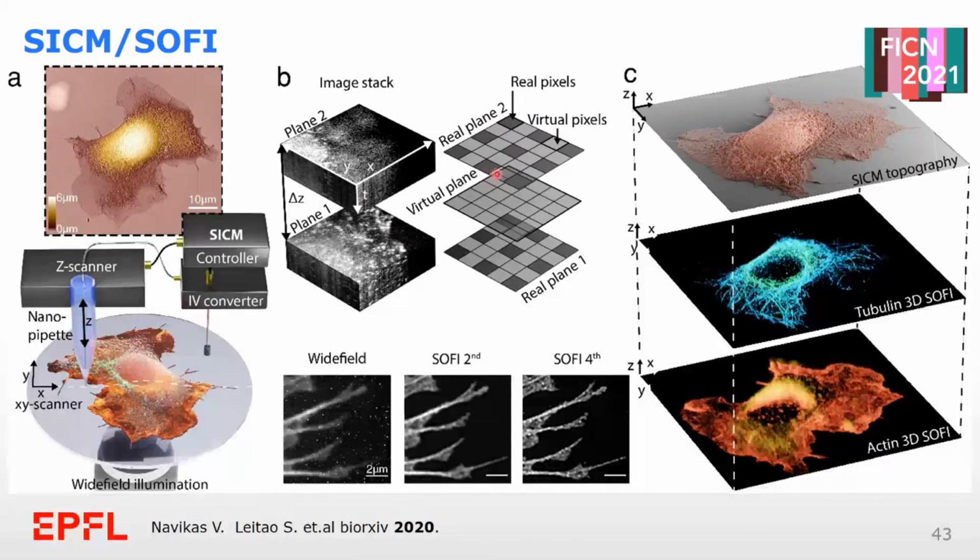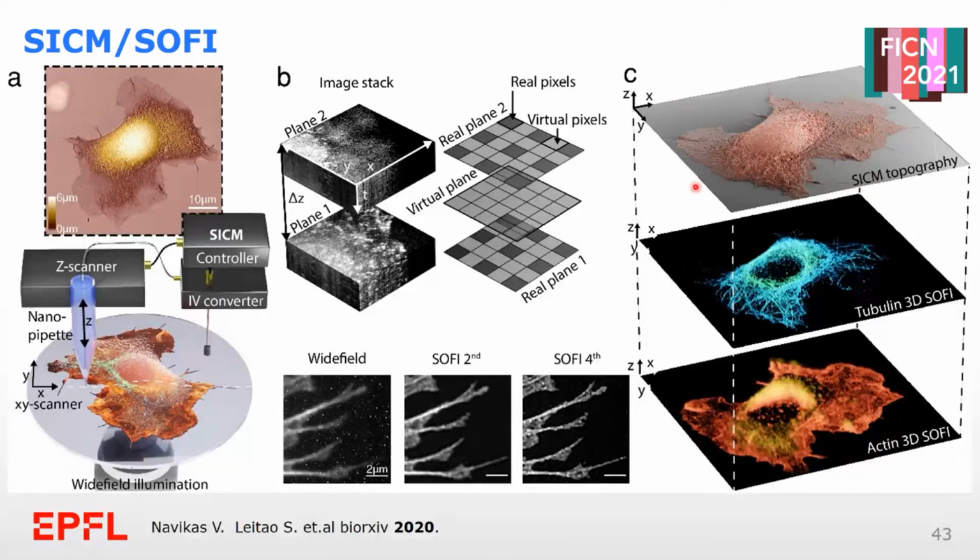By performing a cross-cumulant analysis, we can improve the resolution by looking at the different orders of this cross-cumulant analysis. The second order is the second cumulant, the fourth order is the fourth cumulant. So basically we can use this technique also to go beyond the diffraction limit.